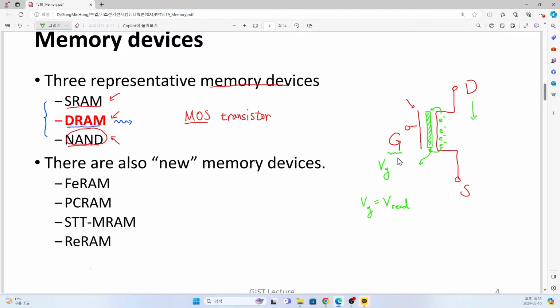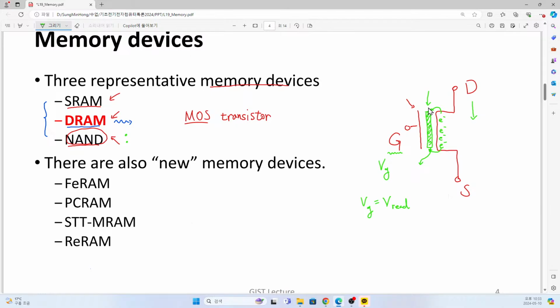So here, let me just summarize my discussion about NAND. In the case of NAND, we have a silicon nitride layer to store our data. So this specialized layer is used as a certain room for storing our electrons or releasing them.